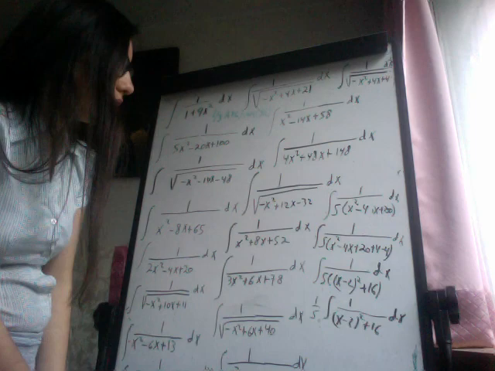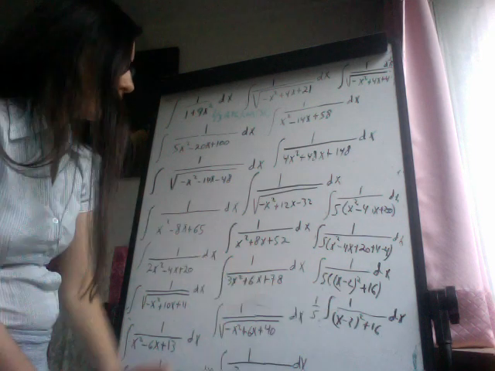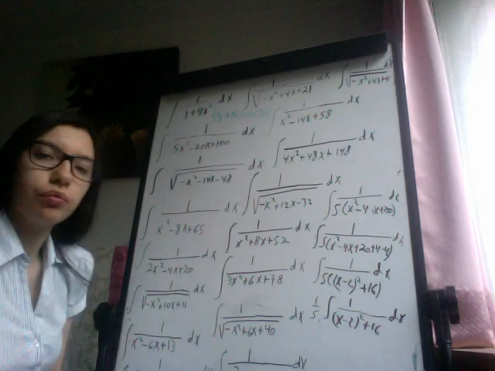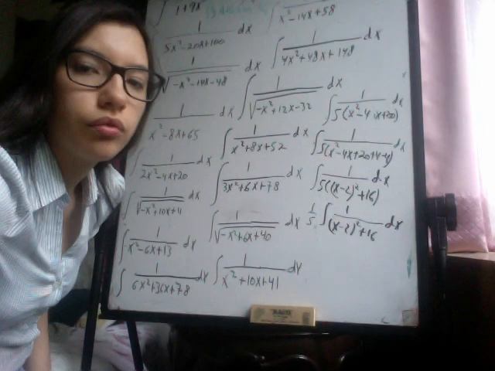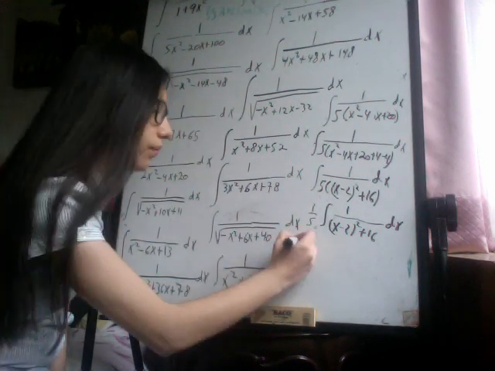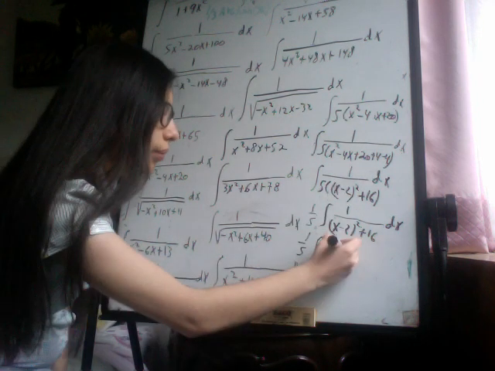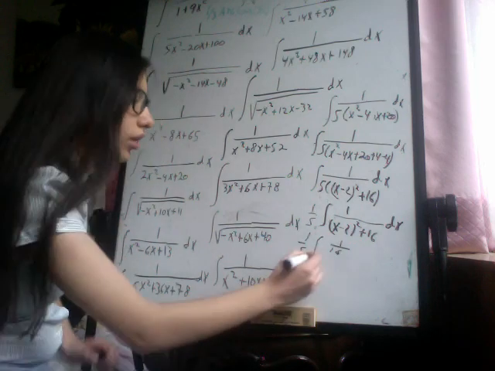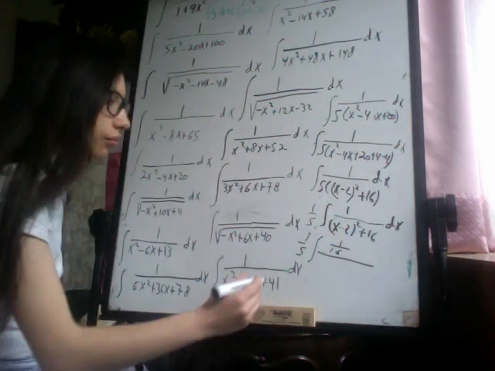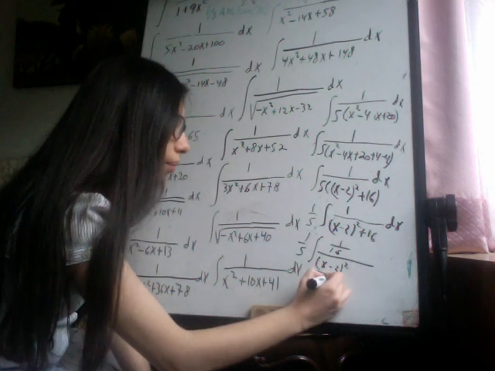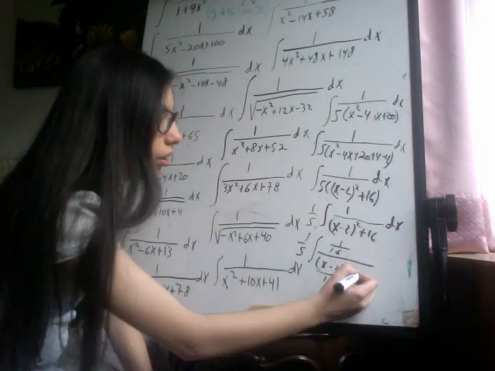So we need to divide the numerator and denominator. So we will have 1/5 times the integral of 1 over 16 divided by x minus 2 squared divided by 16 plus 1.